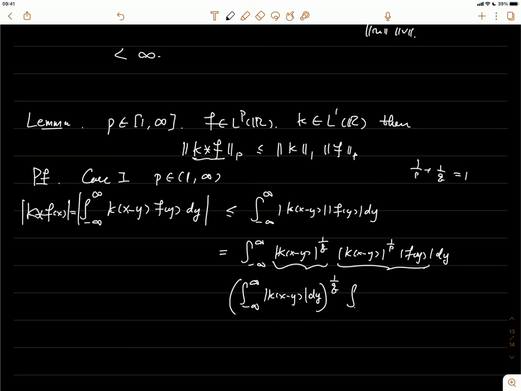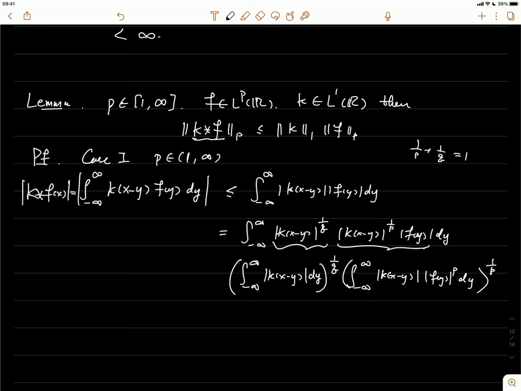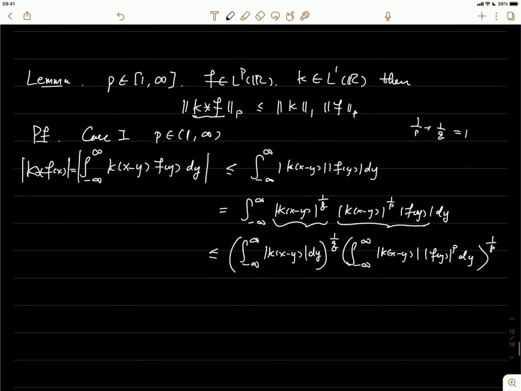And the second one, I'm going to put a p-th power on it, so I get |k(x minus y)| times |f(y)| to the power p, and then again dy, and everything outside I have 1 over p. Okay, I'll get this by Holder's inequality.